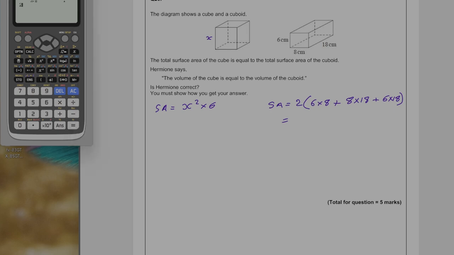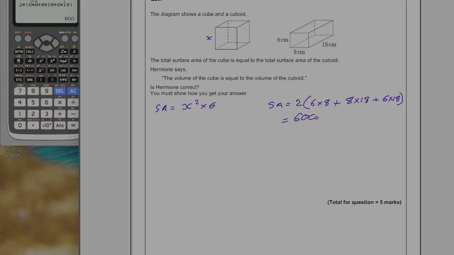So we're looking at 2 times by 6 times 8 plus 8 times 18 plus 6 times 18. That gives me 600, which is quite nice to work with. That's very nice.